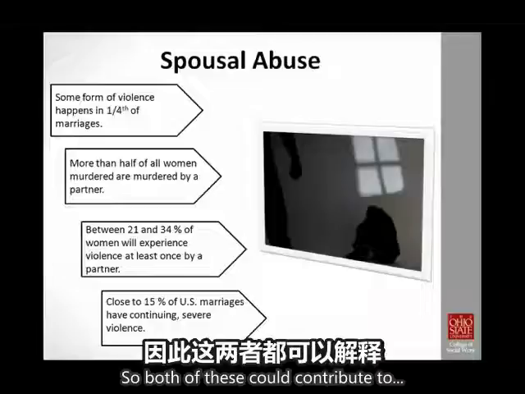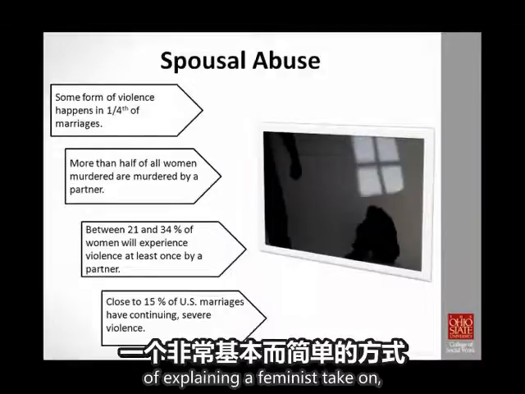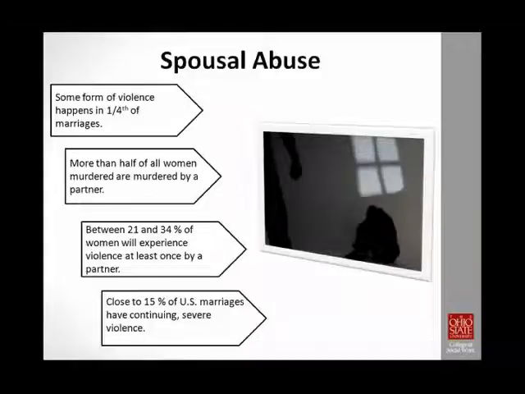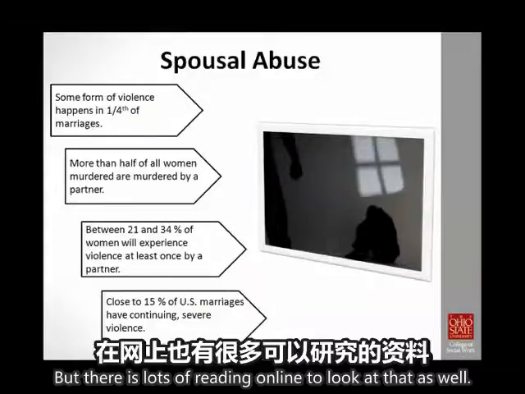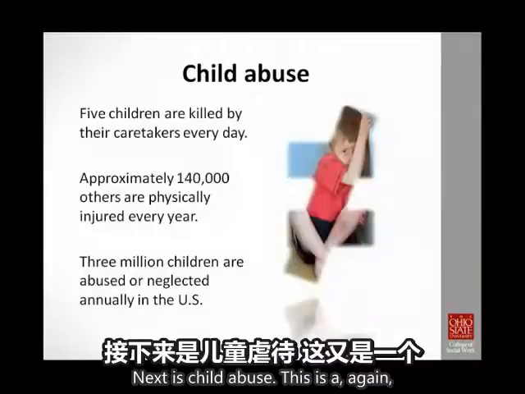So both of these could contribute to, and this is a very basic, simple way of explaining, a feminist theory as to why domestic violence occurs. But there's lots of reading online to look at that as well. Next is child abuse.